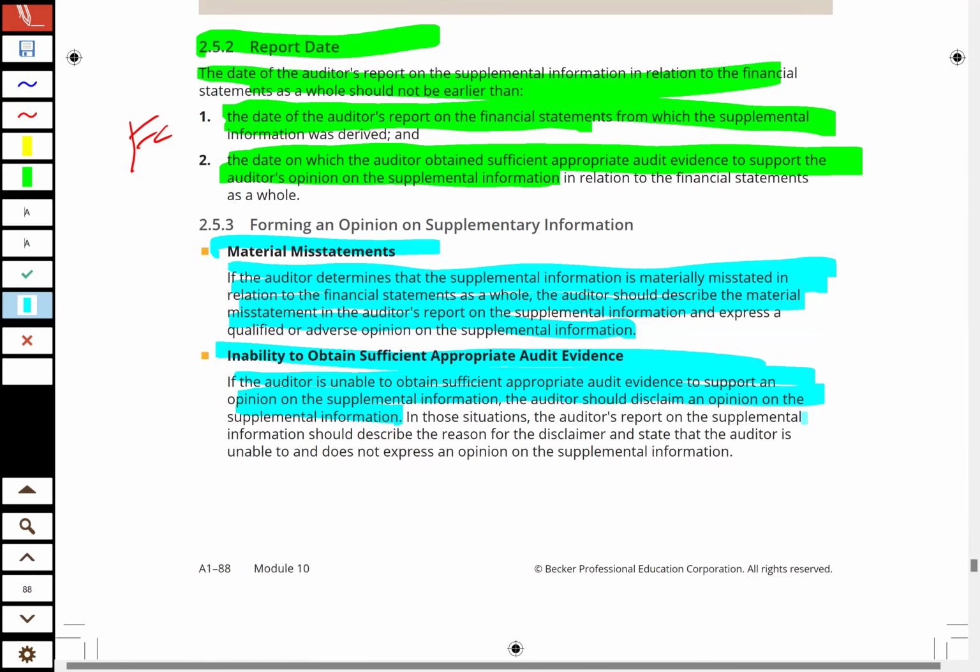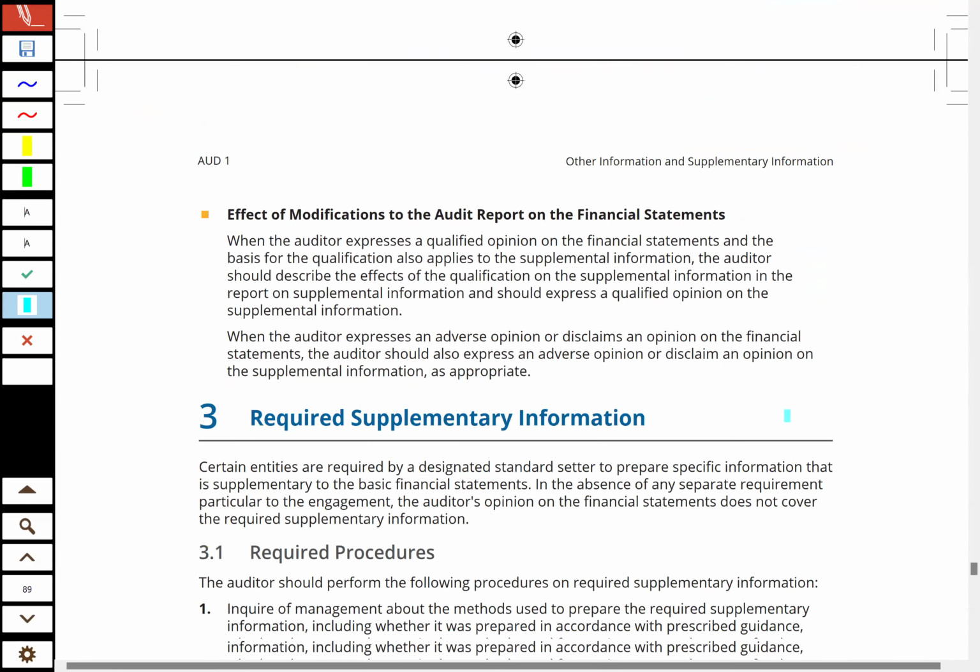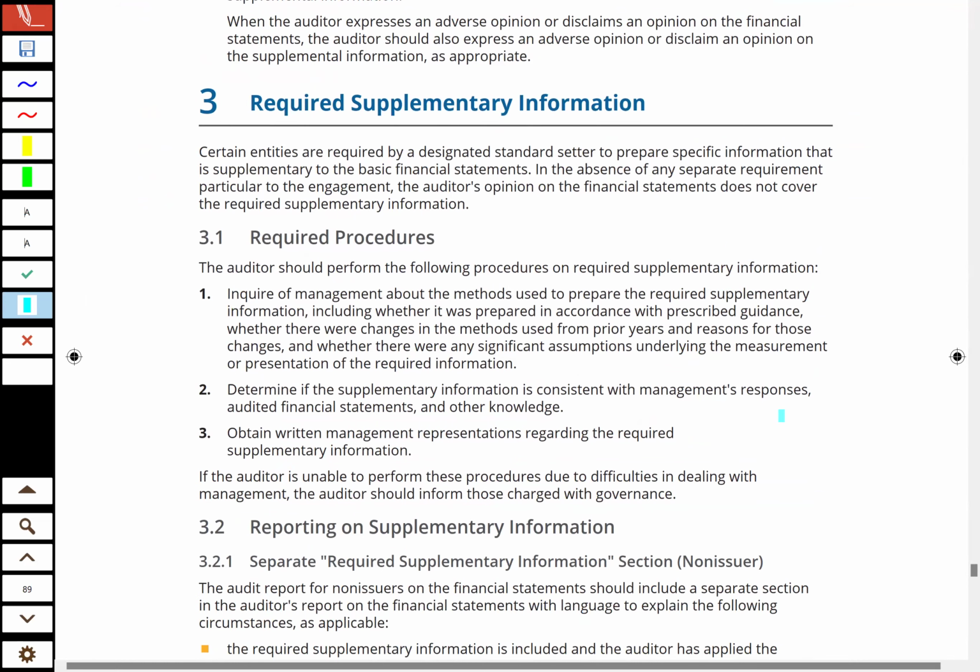Okay, good. Now come over to required supplemental information. And guys, I apologize. I should have probably talked about this first, but the book has it out of order, and I forgot that I wanted to talk about this first. Because what we just got done talking about in section 2 here in this module is the situation where the auditor is engaged to go beyond the general responsibility for the supplemental information and actually issue a report and give an opinion on the supplemental information.